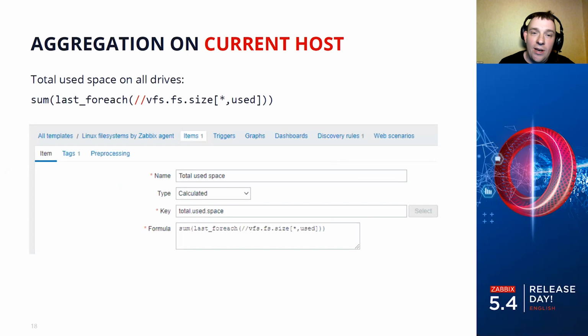And with this one calculated item, we can aggregate the total usage space per all the mounts or per all the drives. Maybe a server has 4 drives, and now it's time to purchase an SSD drive, and we want to know how much disk space we need to capture everything in one drive. So that can be a use case here.